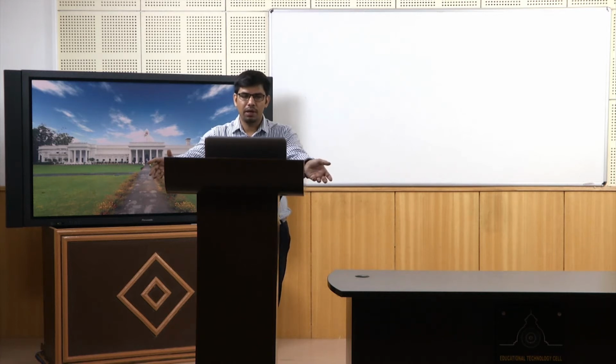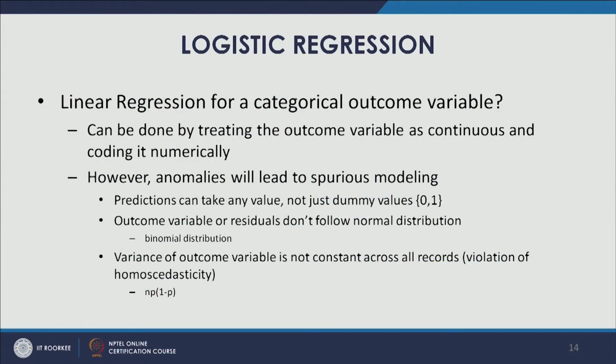However, when we apply a linear regression model to a categorical outcome variable, the prediction can take any real value, and not just the dummy values 0 and 1. So that is one challenge: how do we map some of these predicted values, which can be any real value, to the actual values of the outcome variable, 0 and 1?